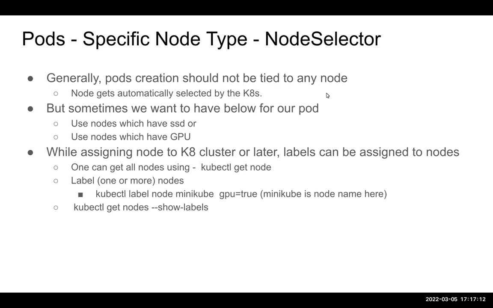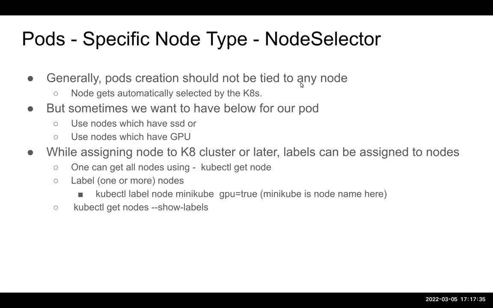So now we'll start with the node selector. We discussed label selector on the pod. Now it's node selector. The worker nodes of the Kubernetes cluster, you can label those as well. Generally, pod creation should not be tied to any node. And why do you want to label those?